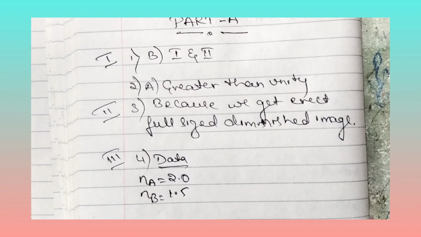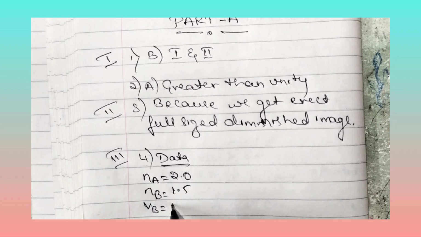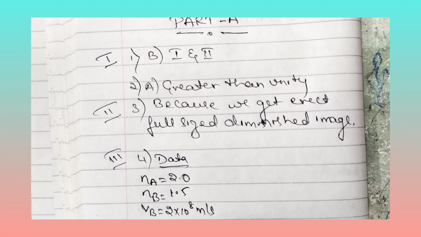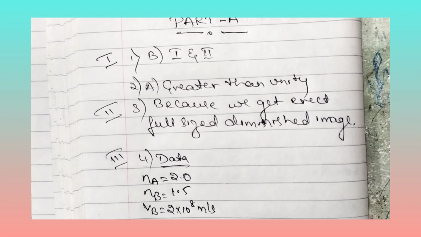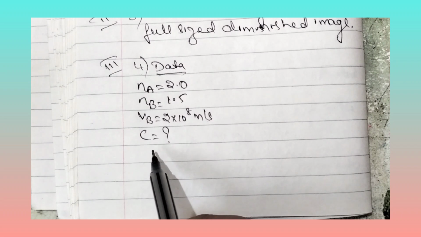The speed of light in medium B is given as 2 into 10 to the power of 8 meter per second. Now we have to calculate the speed of light in vacuum. That is C is equal to question mark.